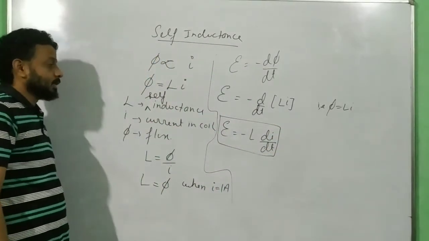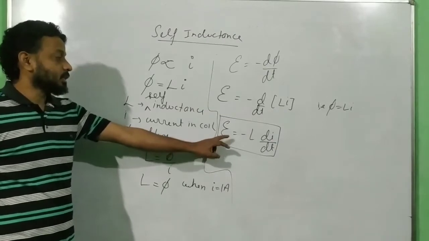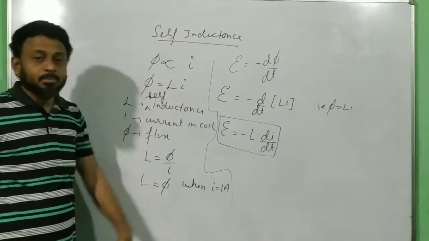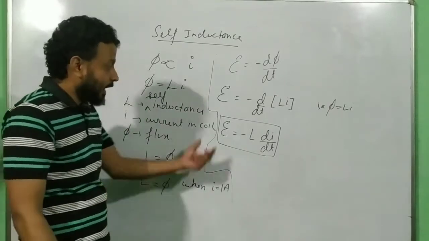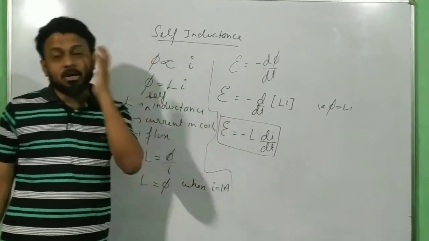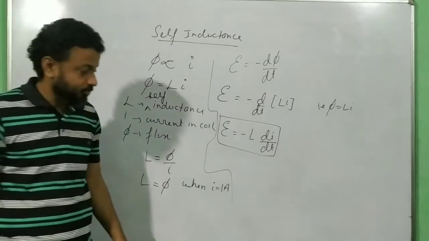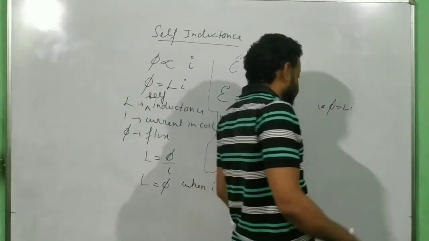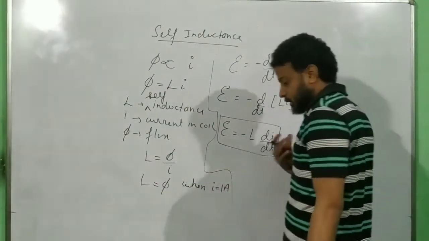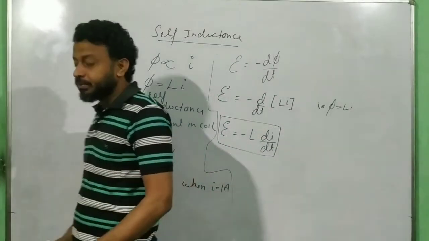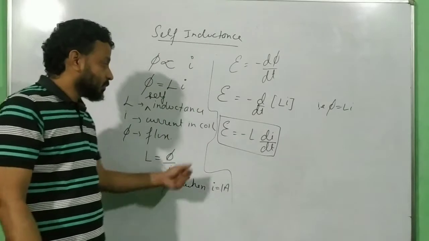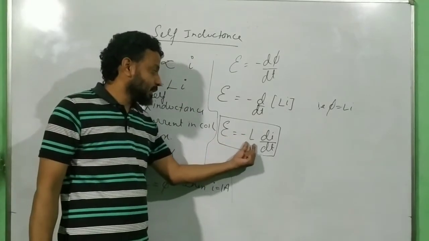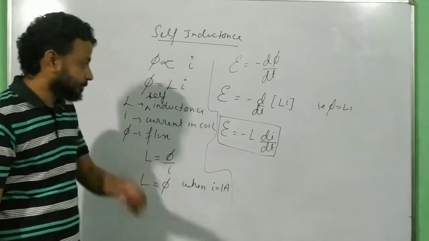This is a back EMF, or you can say the induced EMF. It gets developed inside the inductance, across the inductance. This EMF is sometimes also called back EMF, because it tries to oppose the main current. So this EMF is also equal to minus L di by dt.